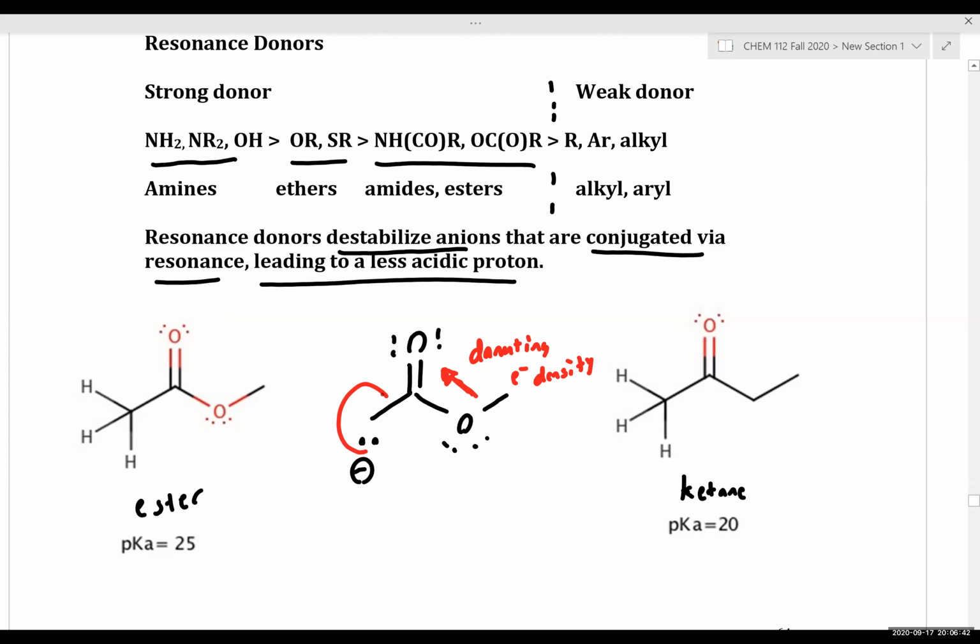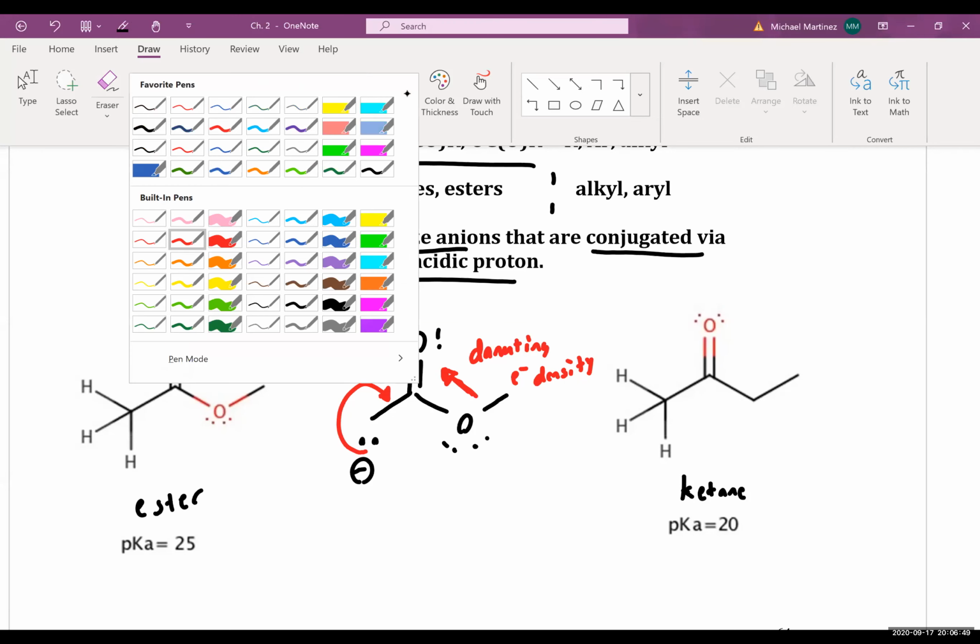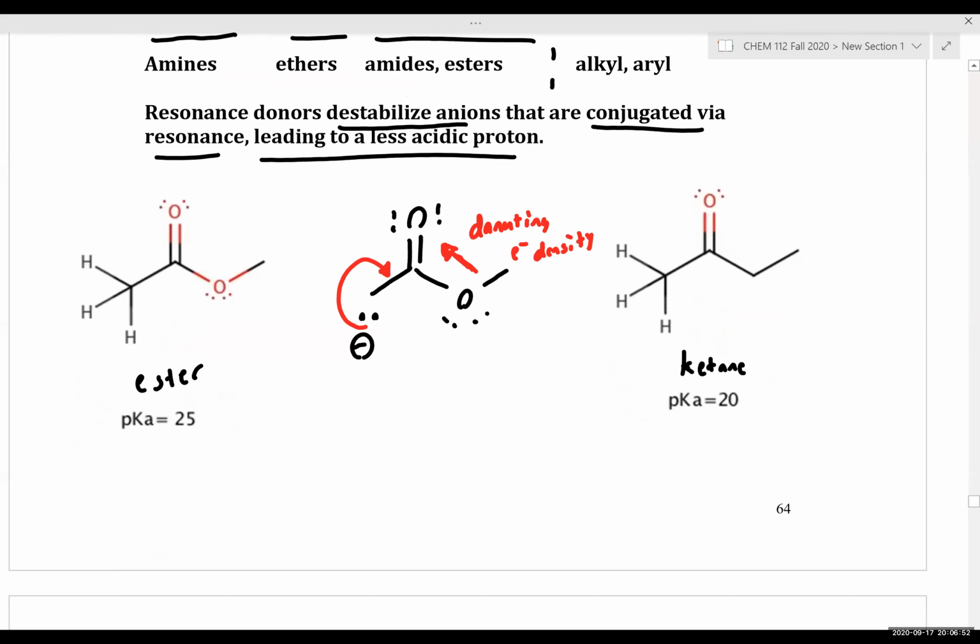So then, if we try to delocalize our electron density into the ketone via resonance, what we end up observing is that although we can draw a resonance structure, we still have this adjacent resonance donor that is kicking electron density in, and this donation destabilizes our anion.